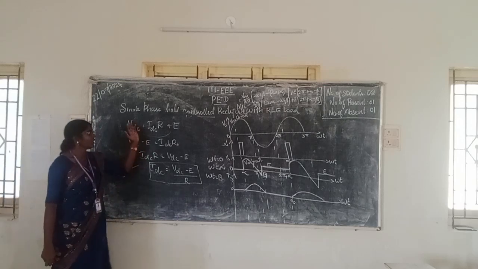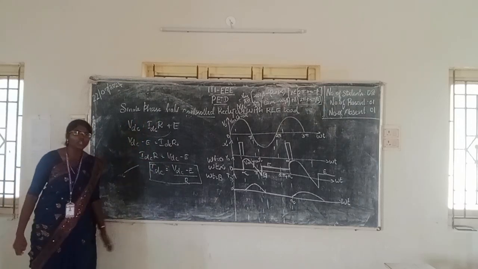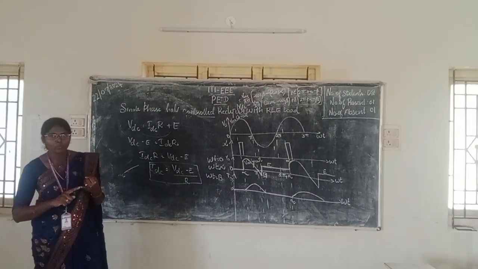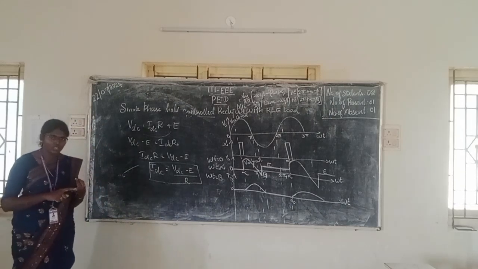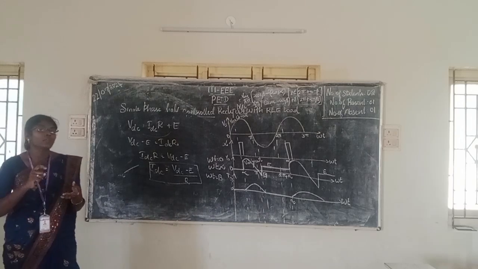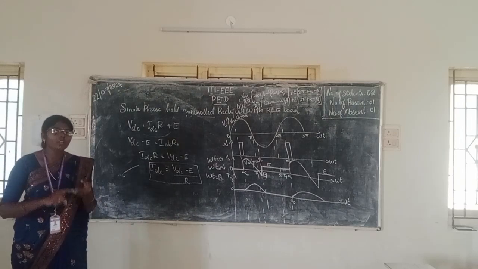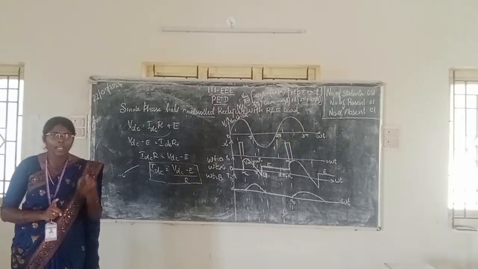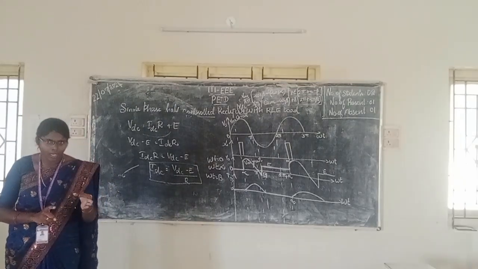So that is all about the single phase half controlled rectifier. We have seen it for R load, its average output voltage as well as the average DC output current. Likewise for RL load, the same circuit diagram with RL load and its waveform, which stands up to beta.